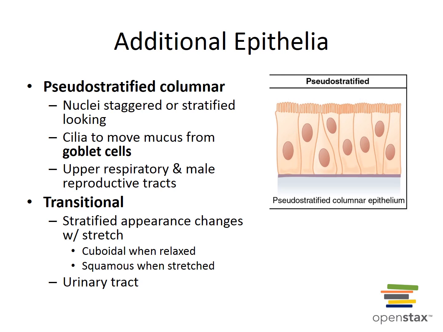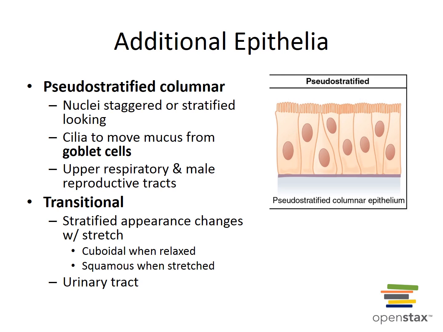It functions in secretion, particularly of mucus, and propulsion of mucus via ciliary action. Location: the non-ciliated type might be in males' sperm-carrying ducts and ducts of large glands. The ciliated type might be found in the trachea and most of the upper respiratory tract.